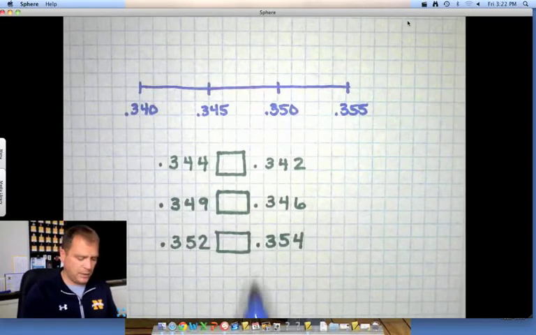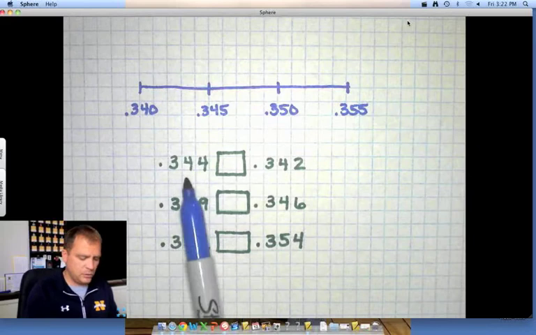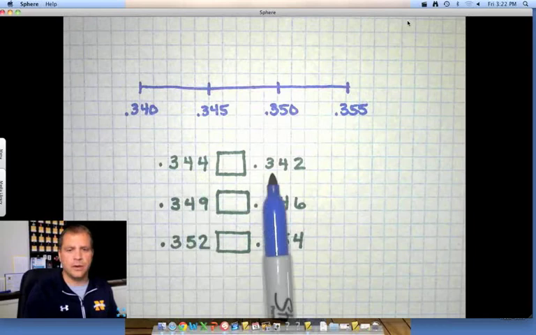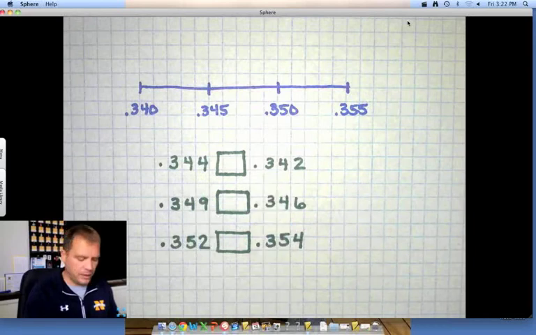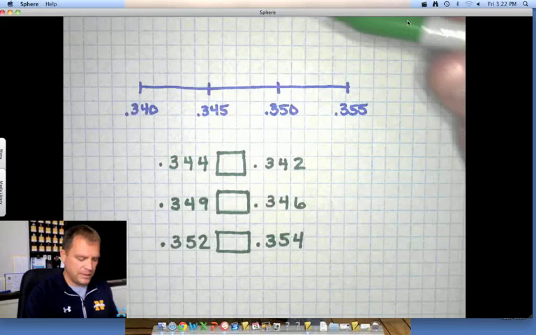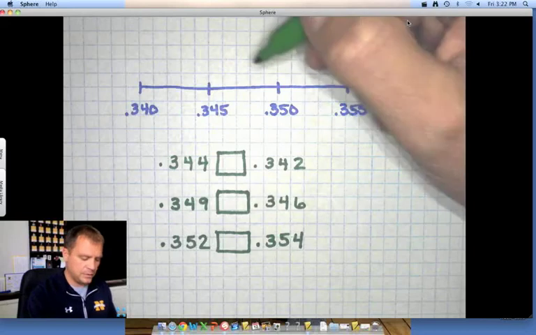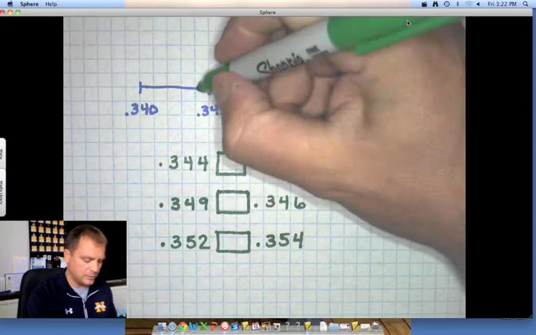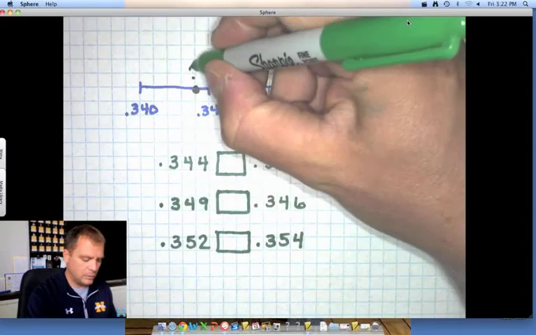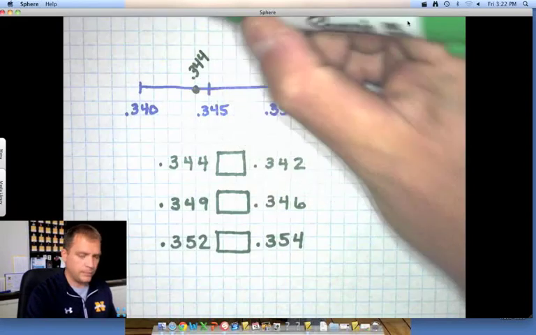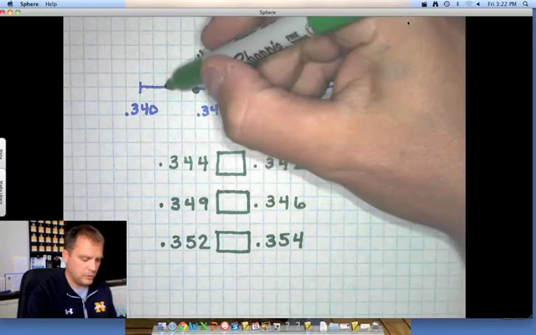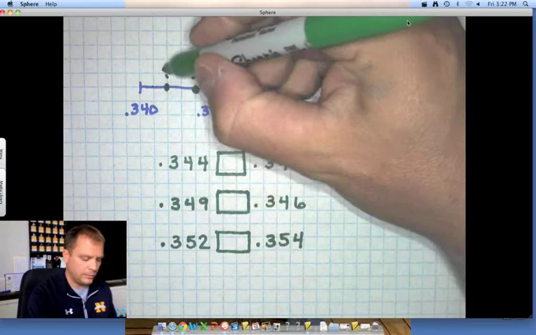Okay, and I'm going to take these two numbers, 344 thousandths and 342 thousandths, and I'm going to try to compare them. I'm going to do that by, first of all, placing those points on my number line. So 344 thousandths would appear here, and 342 thousandths would appear here.